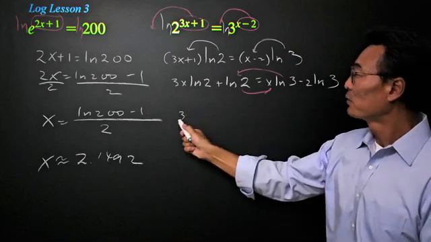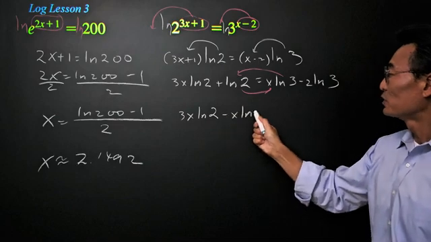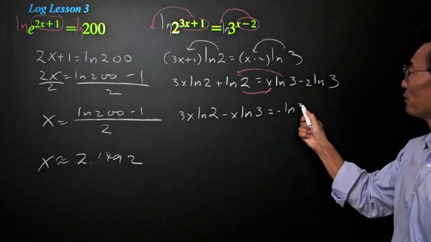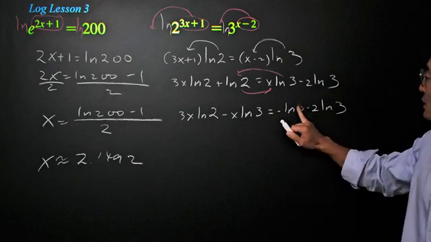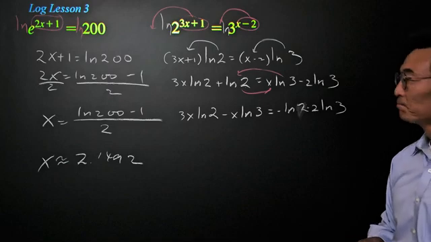Where we get 3x natural log of 2 minus x natural log of 3 equals negative natural log of 2 minus 2 natural log of 3. Oh, by the way, that's a natural log of 2 from the 2 right there.